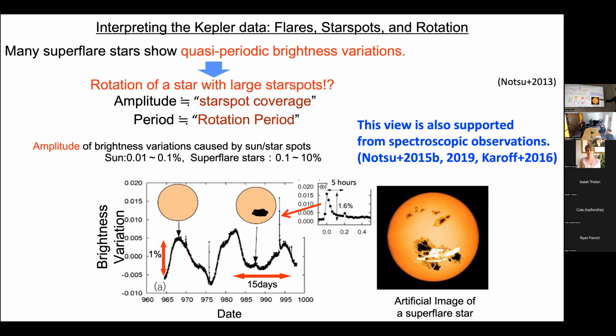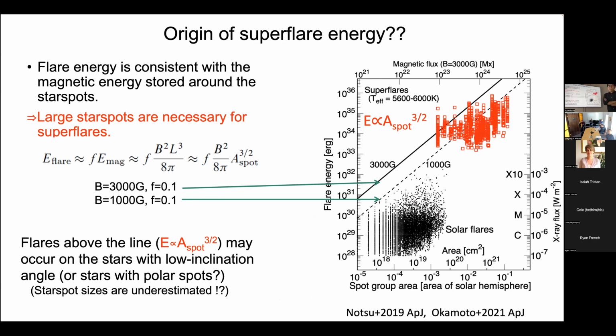And this view is also confirmed in a different way, not only with light, but also with some spectroscopic measurement. I skipped this part, but there is some evidence of this. And we can compare from the flare energy point of view as well. In this figure, flare energy is shown as a function of the sunspot size, the spot group area.